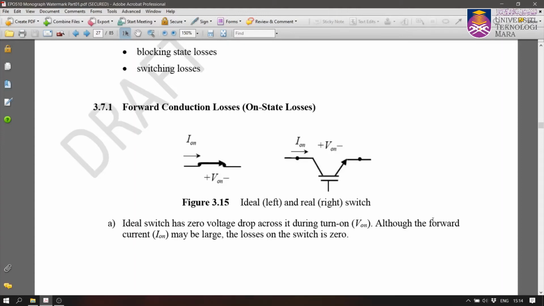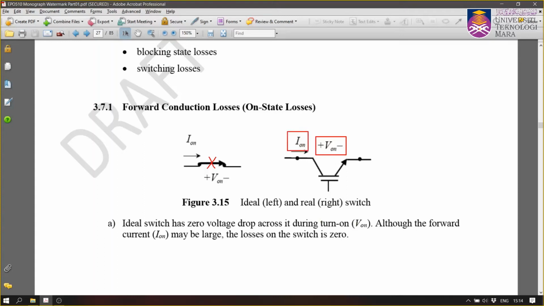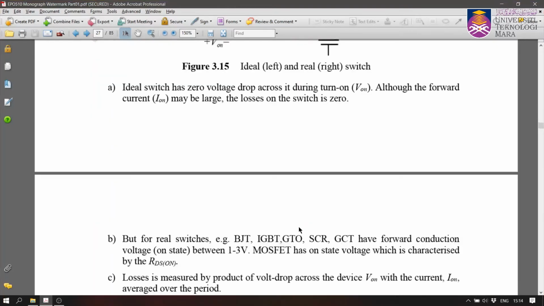Ideally, we know that when the switch is on, it appears as a short circuit, isn't it? So there will be no voltage drop across the switch, right? However, for a practical switch, there is still a small on voltage during turn on. This on voltage V multiplied by the current I creates a voltage drop, and this contributes to the forward conduction losses.